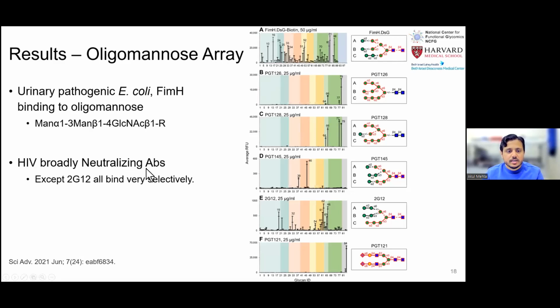And we also checked HIV broadly neutralizing antibodies, which are shown here. You can see that these are much more specific or selective in their binding as compared to this FimH from the E. coli. And these are the epitopes which we have highlighted as to what it's recognizing on this array.